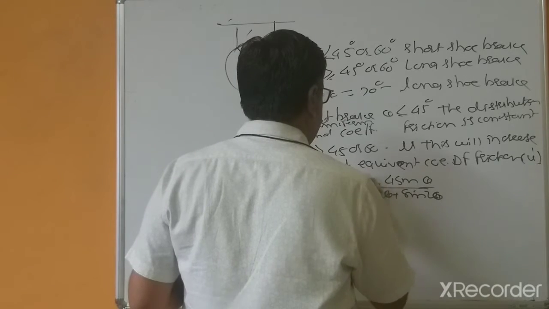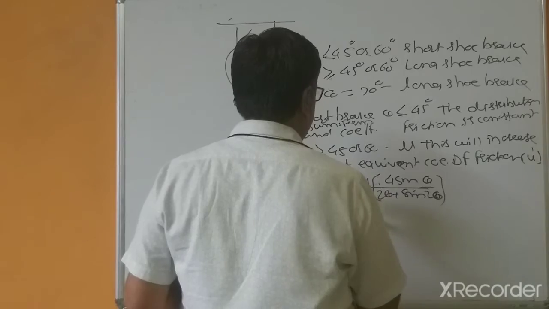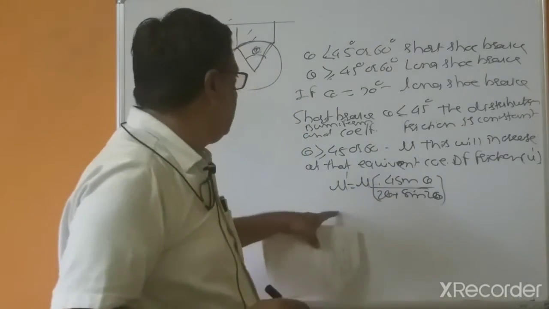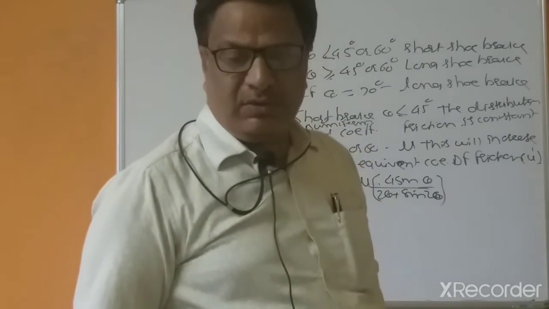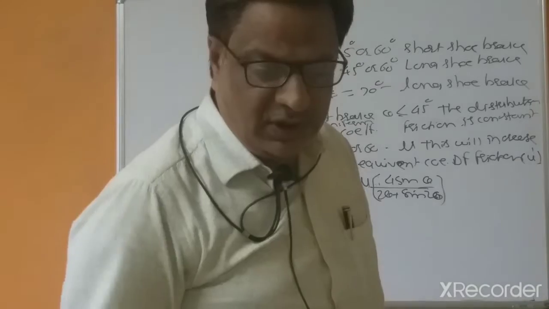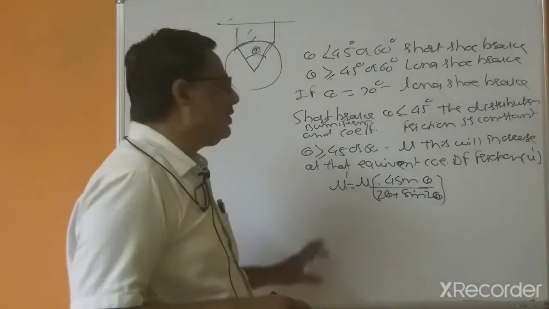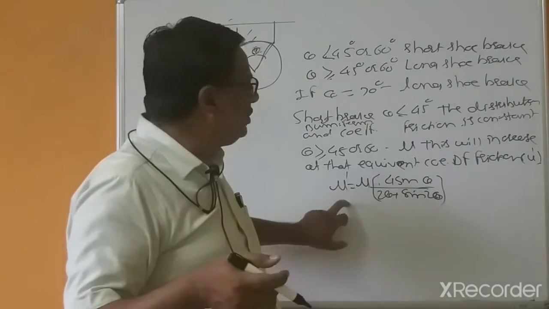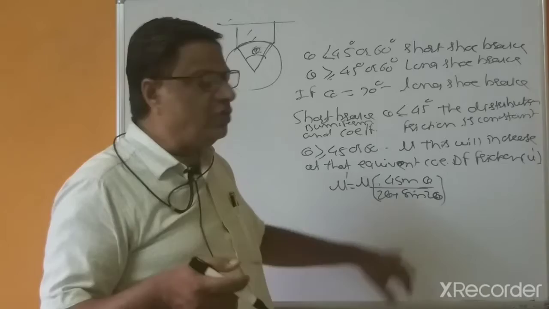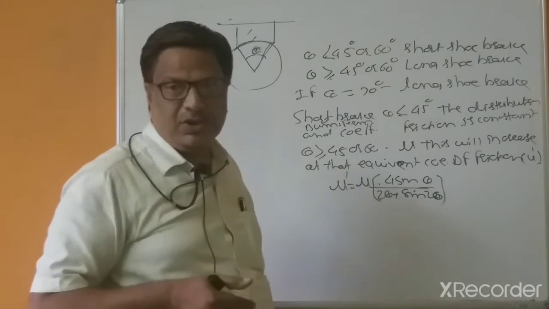By using these relations, you can calculate the equivalent coefficient of friction when this angle is greater than 45 or 60 degrees. In some cases a long shoe brake is given, and then we have to consider the equivalent coefficient of friction instead of the coefficient of friction.